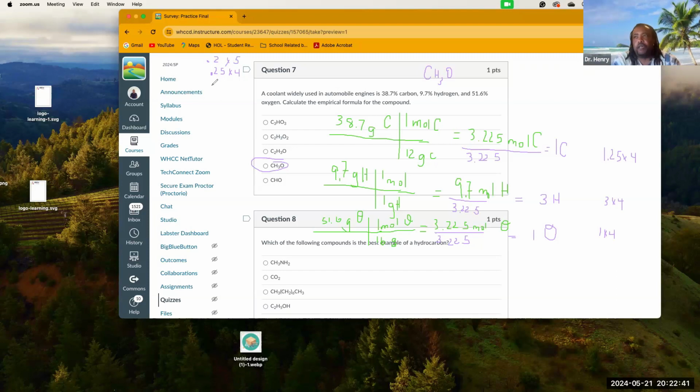If it's 0.33, you're going to multiply it by 3. If it's 0.5, you're going to multiply it by 2.